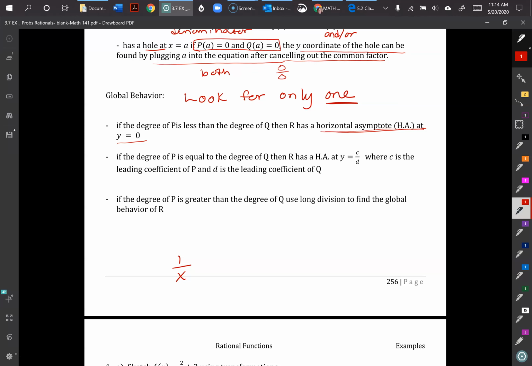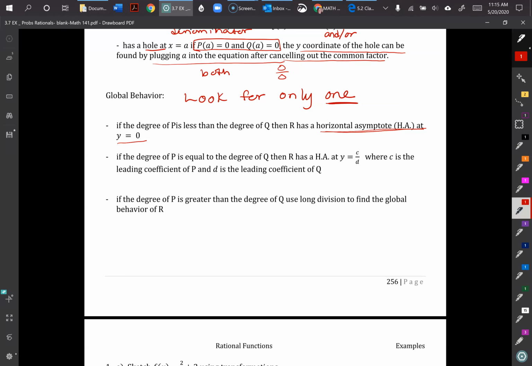So I'm going to have my horizontal asymptote going across at y equals 0, like I had with the parent functions. Because as the power gets bigger and bigger in the bottom, it doesn't really matter if it's a million in the top, the bottom is going to get bigger and bigger because it's raised to a power.